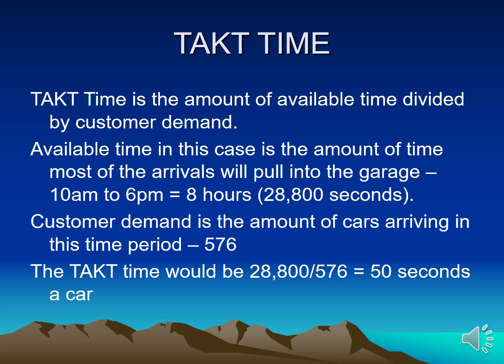Customer demand is the amount of cars arriving in this time period, 576. The takt time would be 28,800 time available divided by customer demand, 576. It's 50 seconds a car.